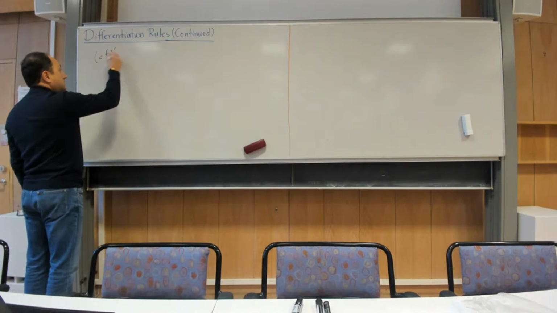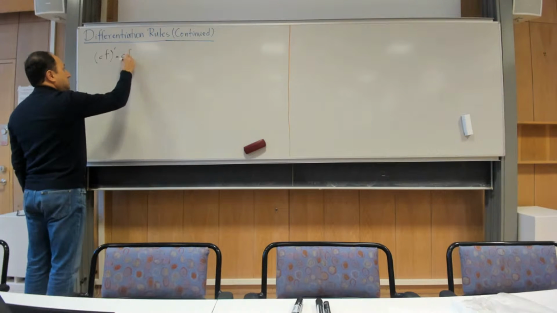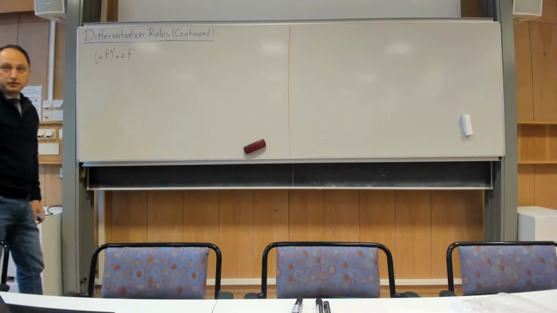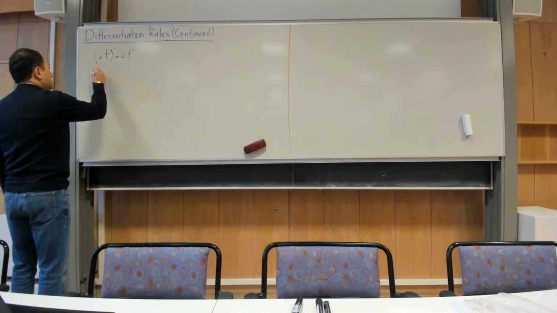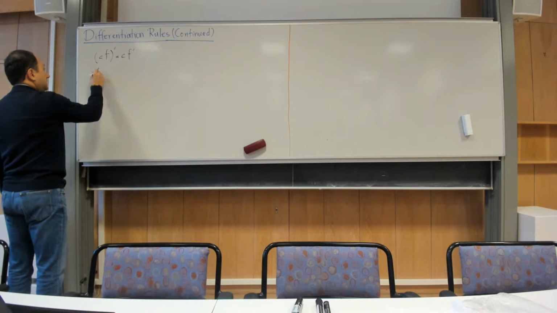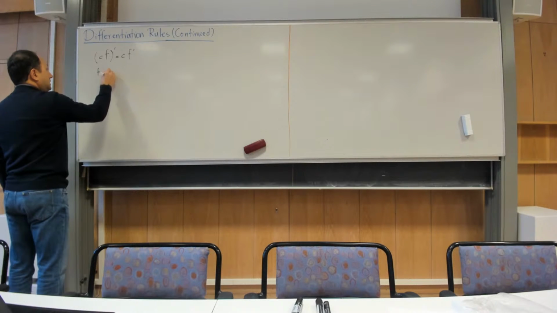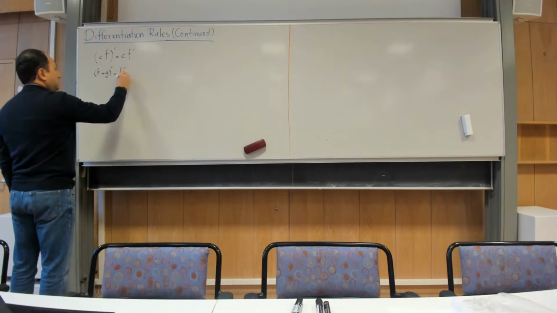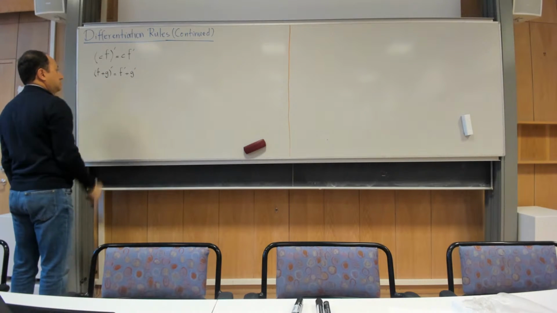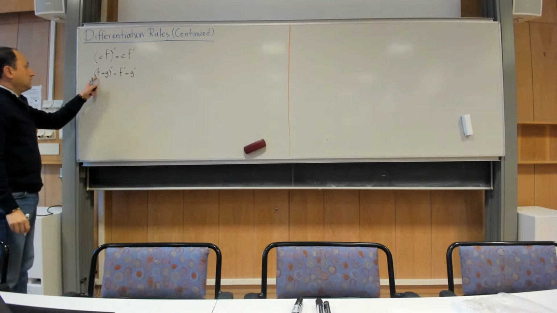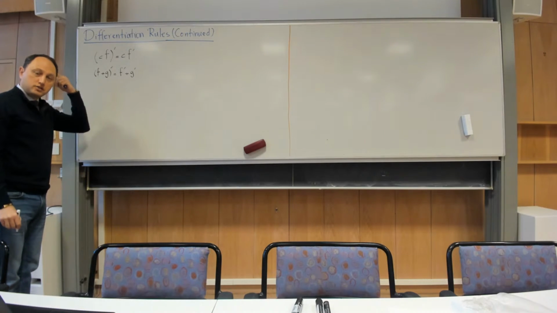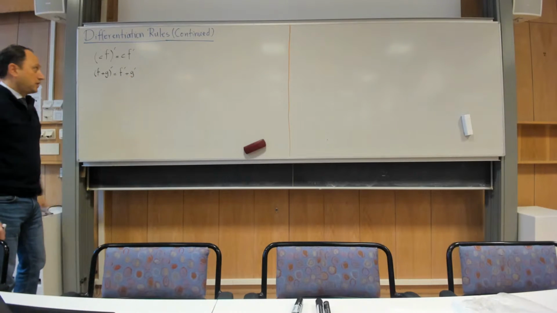And we realized that this becomes c multiplied by the derivative of the function. And we also learned that the derivative of f plus g is equal to the derivative of the first part plus the derivative of the second part. And if I have more than two functions, the rule is still the same. I can do this process.